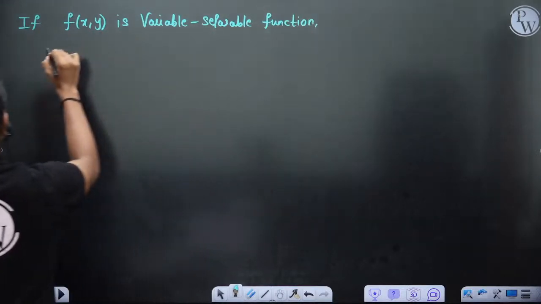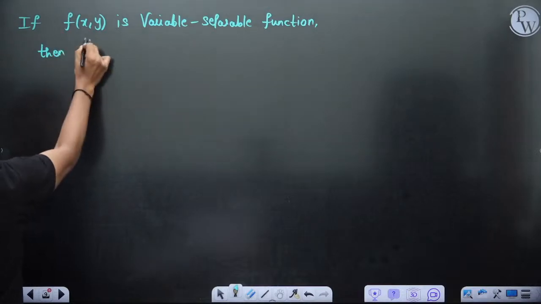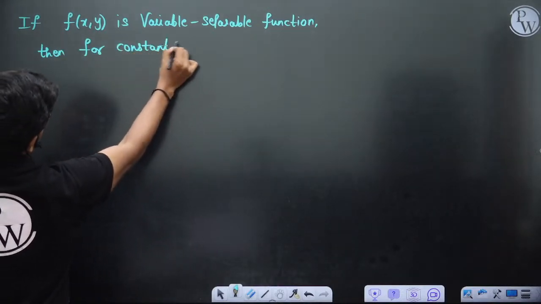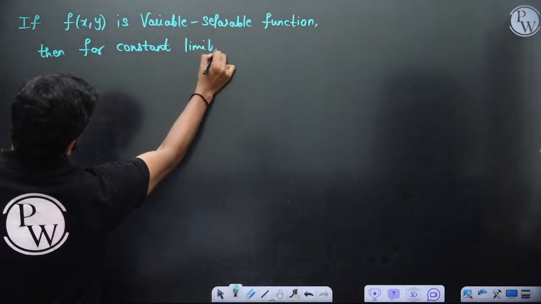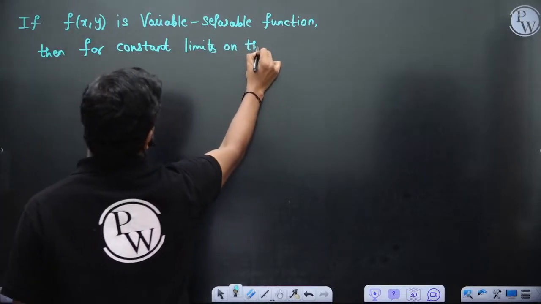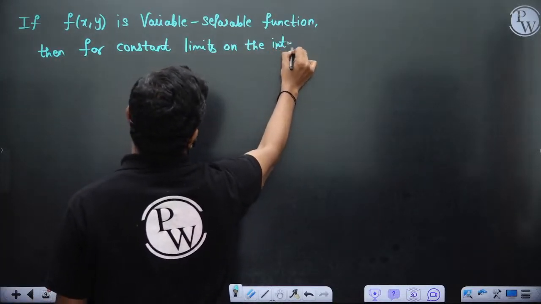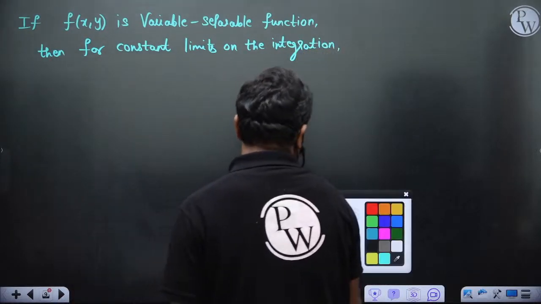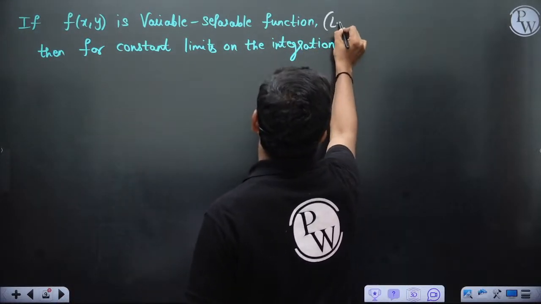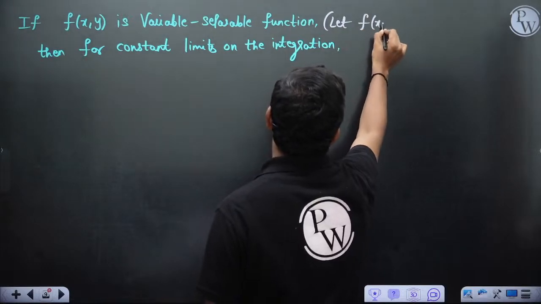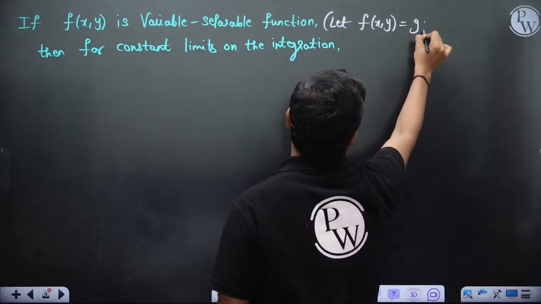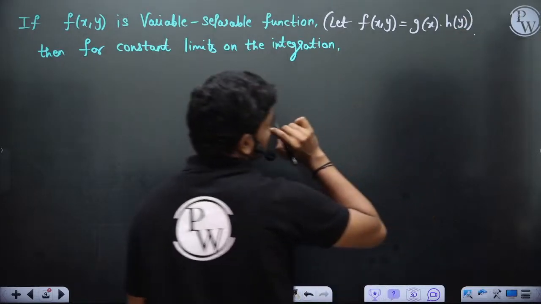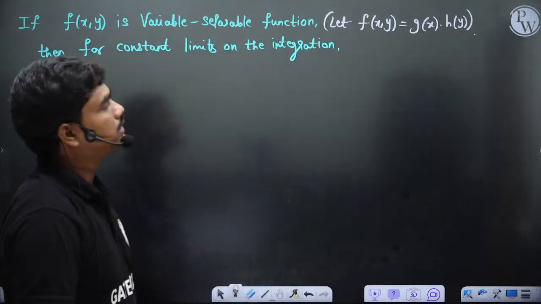then for constant limits on the integration, here you can add one more statement. Let f of x comma y be equal to g of x times h of y. So f of x comma y is g of x into h of y.